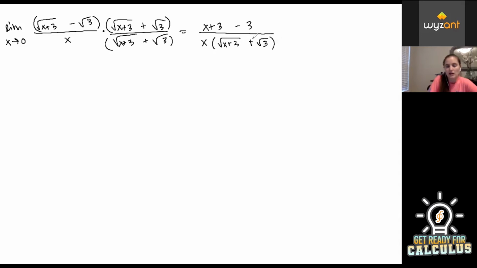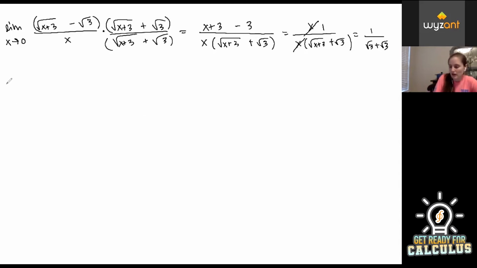So like here, we get an x on top and an x on bottom. And we can cancel out those x's, and that'll cancel out the issue that we were having with the 0. So then now when we plug in 0, we're going to get 1 on top and root 3 plus root 3 on bottom. So just 1 over 2 root 3.